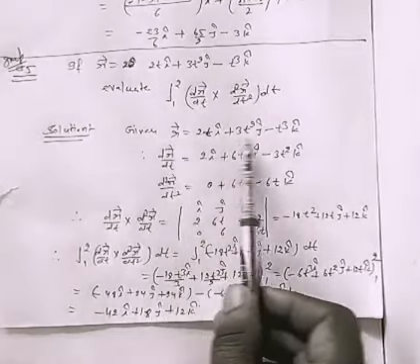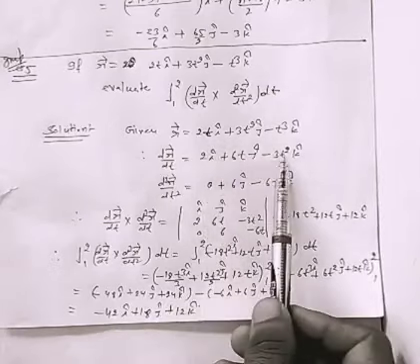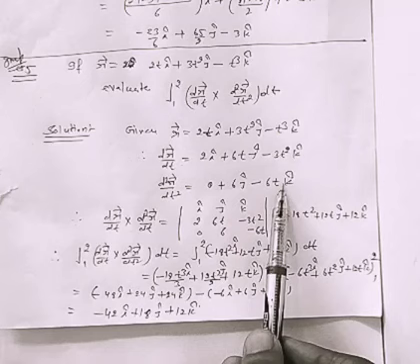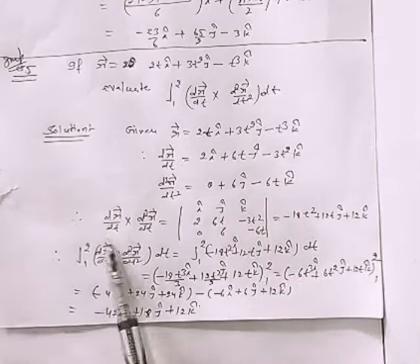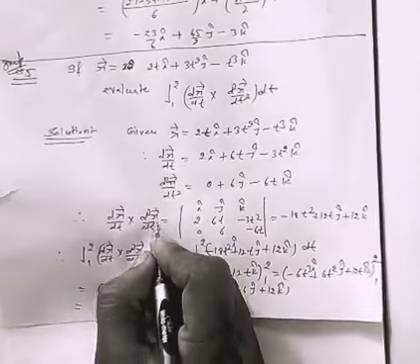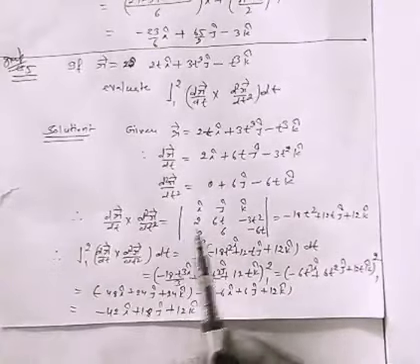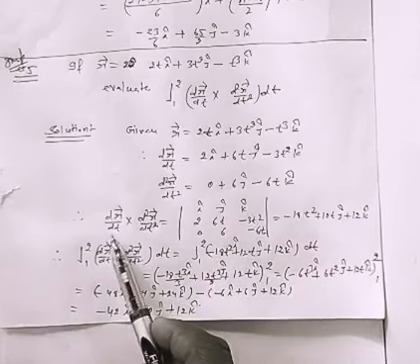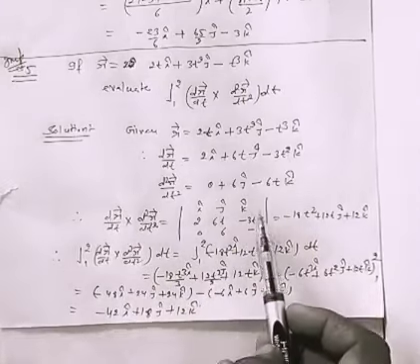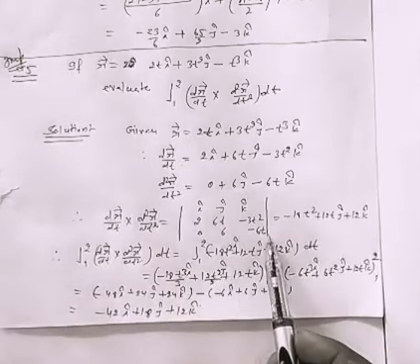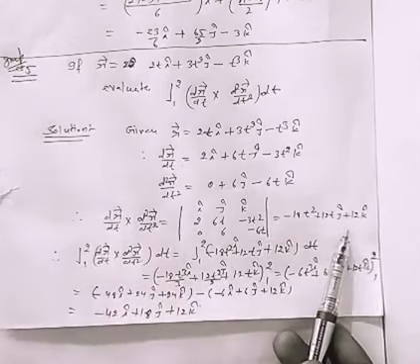Here given that r vector is this, dr by dt is equal to this, d2 r by dt square is equal to this. Now cross product of dr by dt and d2 r by dt square is equal to the determinant with i cap j cap k cap, components of dr by dt: 2, 6t, minus 3t square, components of d2 r by dt square: 0, 6 and minus 6t, which is equal to that term.